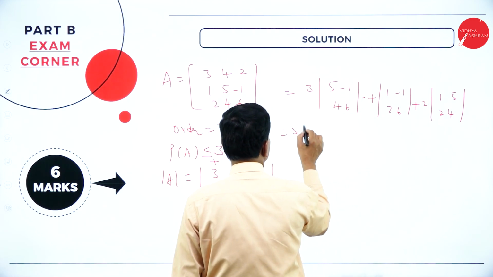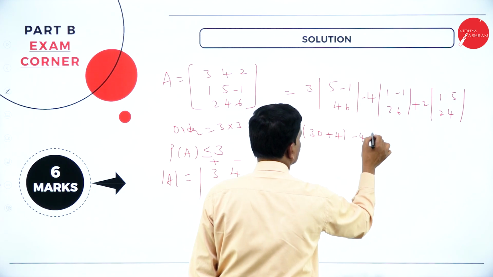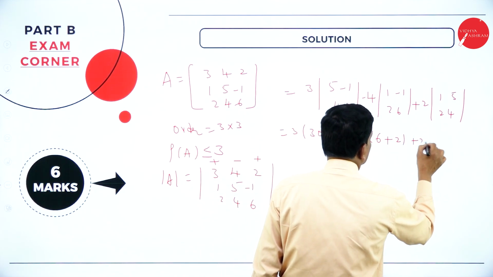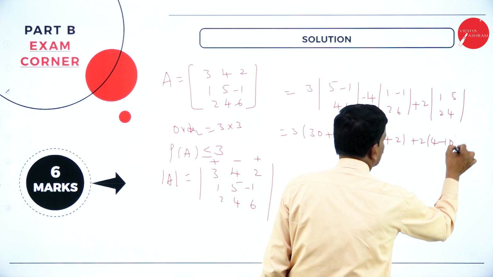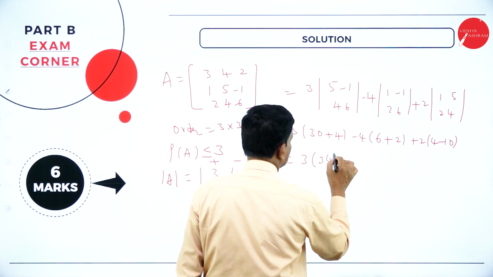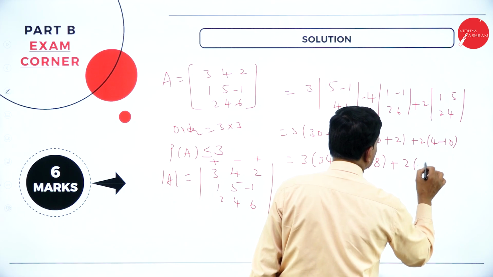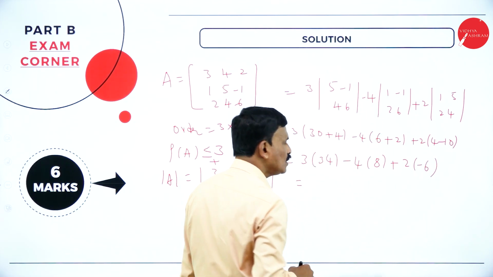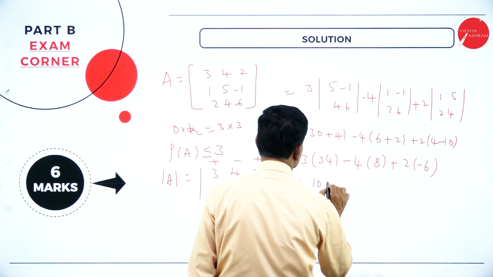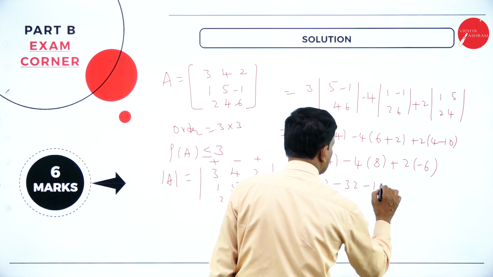So, this is equal to 3 into (5 times 6 is 30, plus 4), minus 4 into (6 plus 2), plus 2 into (4 minus 10). So, this is equal to 3 into 34, minus 4 into 8, plus 2 into minus 6. 34 times 3 is 102, 8 times 4 is 32, minus 6 times 2 is 12.